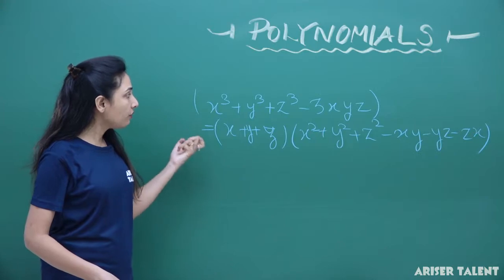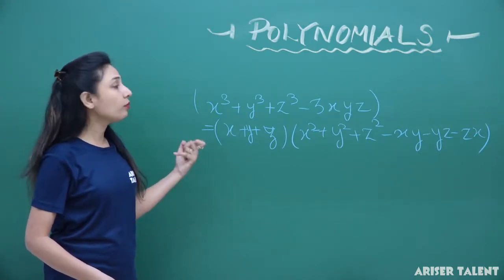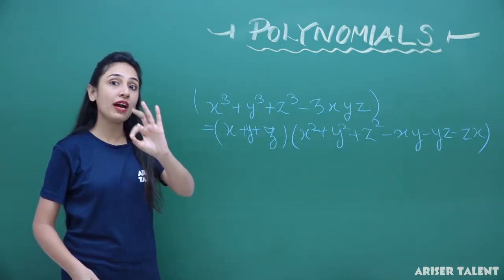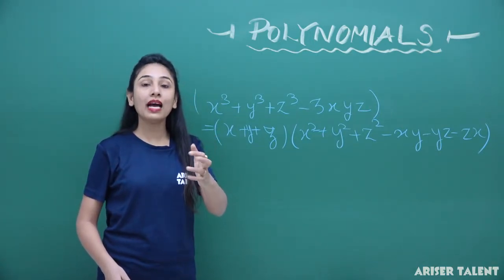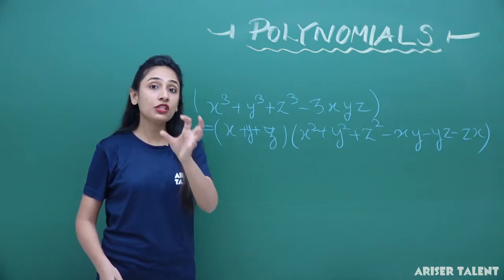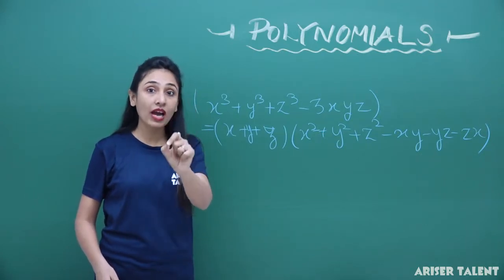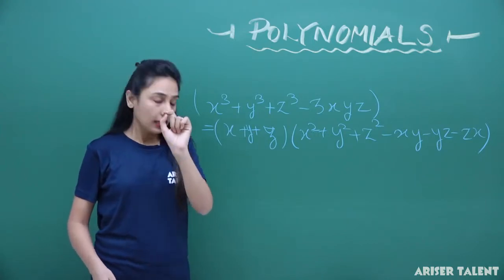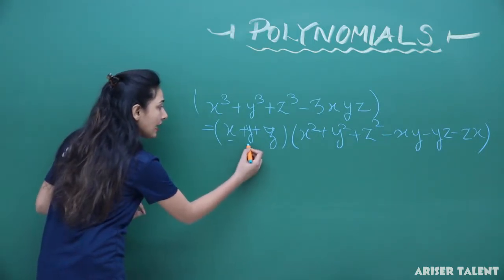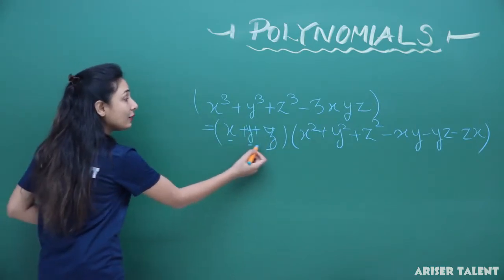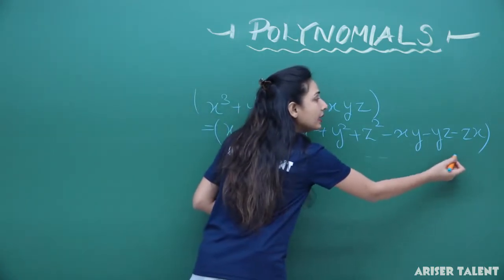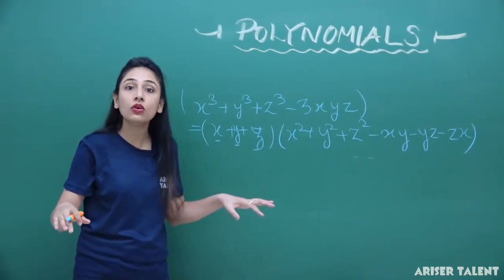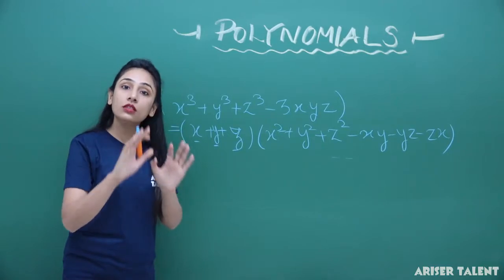Now what can we look from this? Let's suppose if I am having some x plus y plus z whole cube, or something in which when I calculate x plus y plus z equals to 0, then what can it be? If this x plus y plus z is 0, that means 0 multiplied by something, and 0 multiplied by anything in which the denominator is not 0, that is going to be 0 only.